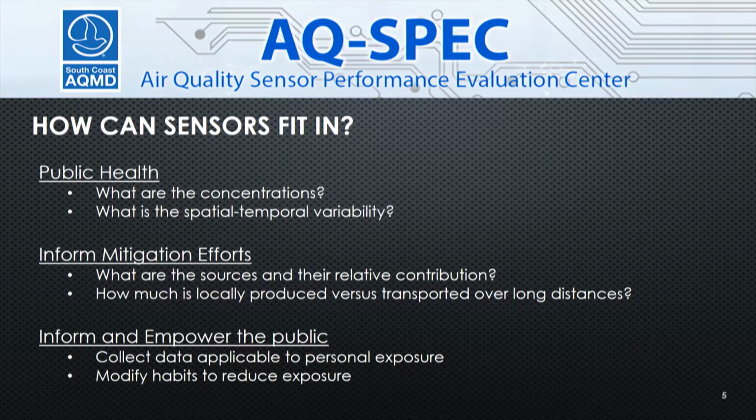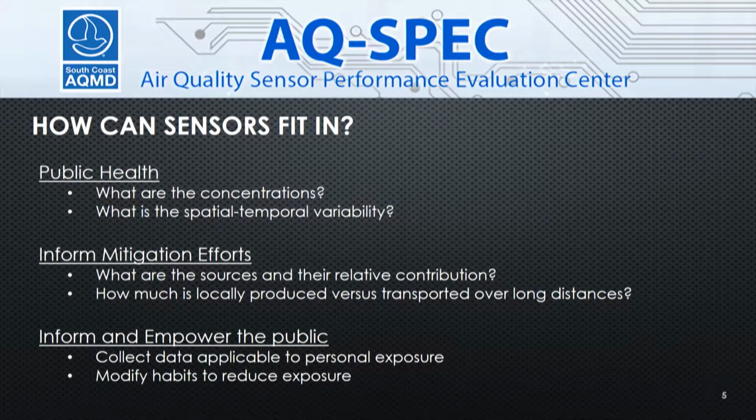So where can these sensors fit in to what we currently do from the public health perspective? They can tell us the concentrations at a finer spatial and temporal resolution by developing out those dense networks. They can also inform some of the mitigation efforts, determining the sources, the relative contributions, and whether air pollution is being transported into a community or being locally produced.